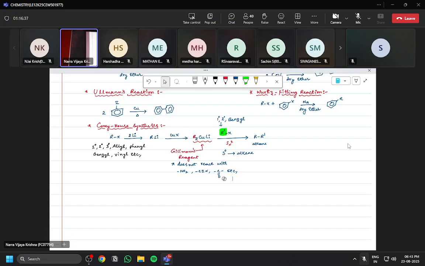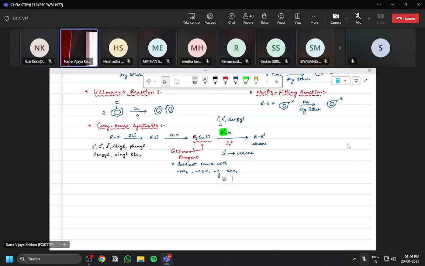We have already seen this. Then page number 76, halogen exchange, Finkelstein reaction, Swarts reaction, done. Then page number 77, preparation of haloarenes from diazonium salts, done. Then have we solved that exercise? That exercise we will solve. Then physical properties, then chemical properties, nucleophilic substitution reactions, done.